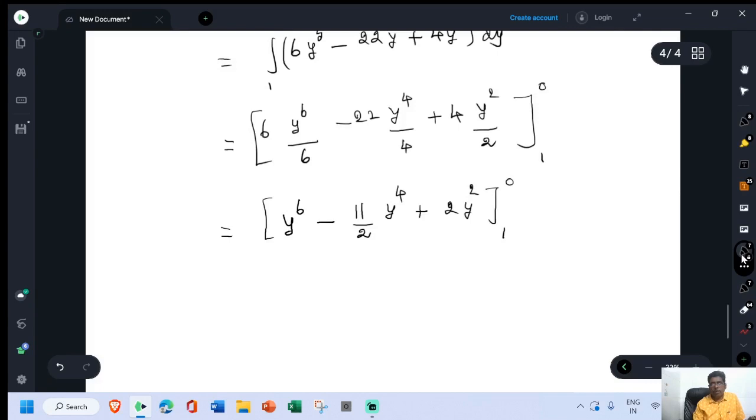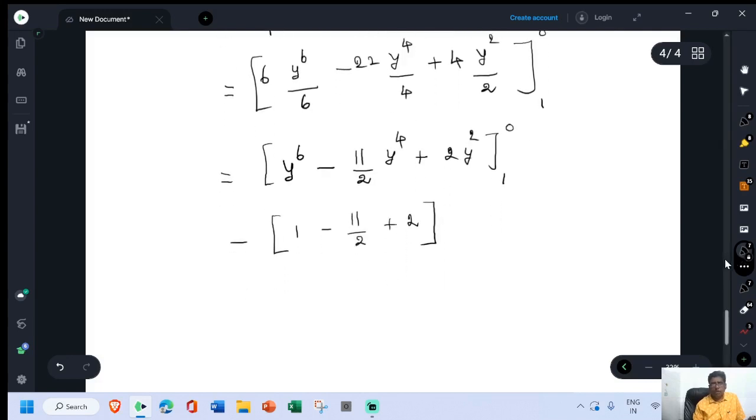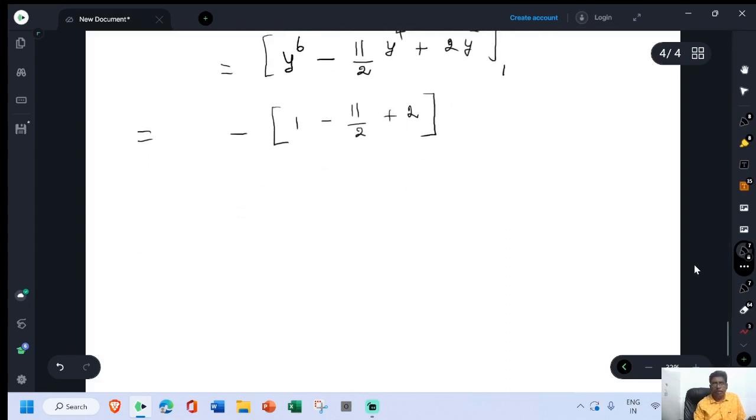If you apply the upper limit, everything is vanished. Minus of, you have to apply the lower limit: 1 minus 11 by 2 plus 2. Now allow the negative sign to operate. This is equal to minus 1 plus 11 by 2 minus 2, which is equal to 11 by 2 minus 3.